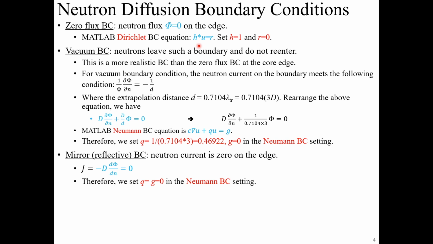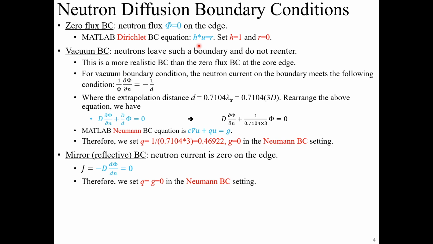The second one is called the vacuum boundary condition. It means that the neutron can leave those boundaries, but they do not come back. It describes a condition that outside this core it is vacuum, and there's no other material that can reflect the neutron back to the reactor.